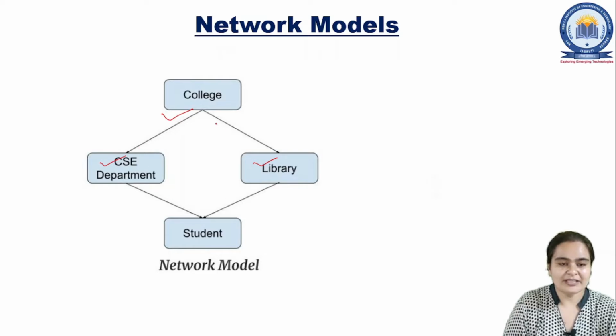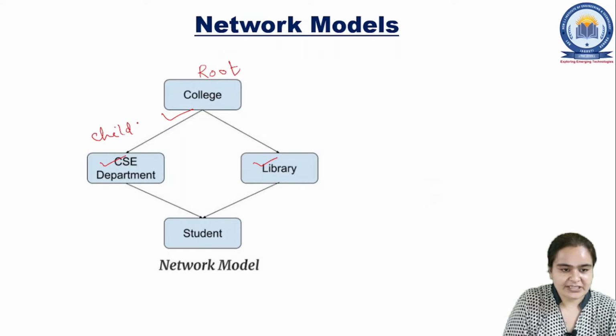So we can make a structure starting from the root that splits into several children, that is child 1 and child 2. The root is split into two different nodes, and these are not exactly roots, these are parents to the student. So these children are then related to this student data. We have two different ways to reach the student.